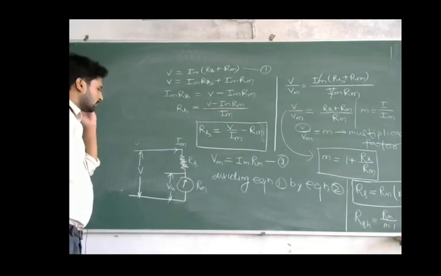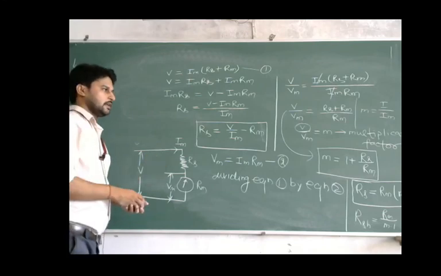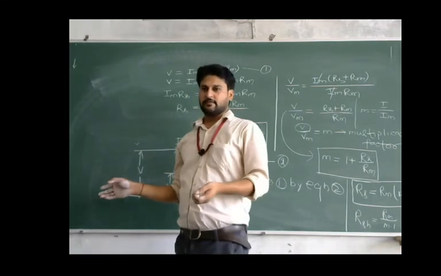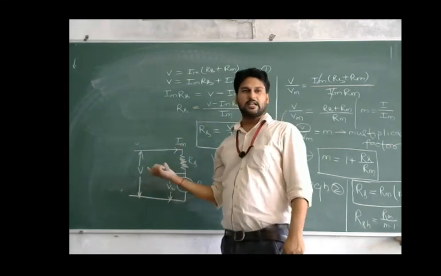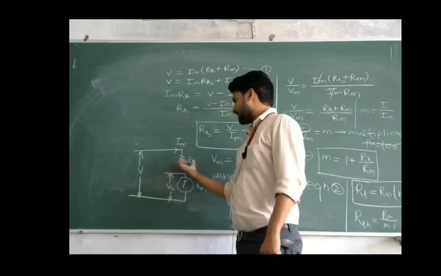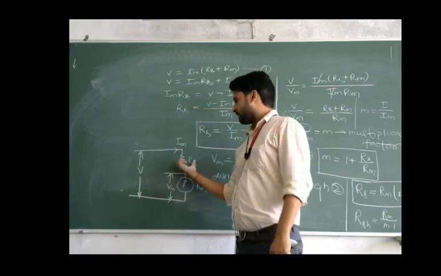The effect of temperature is negligible in this instrument because of a high value resistance. As we have seen in the case of the ammeter, to reduce the temperature effect we connected a series resistance of larger value which was made up of manganin.